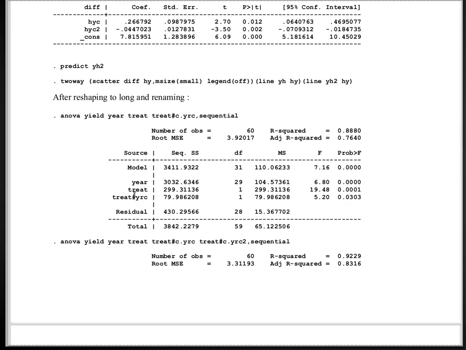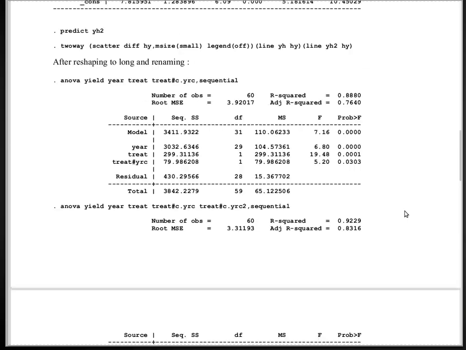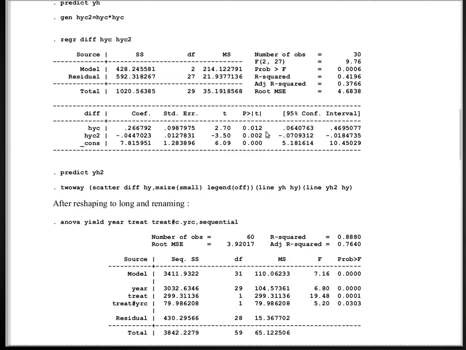Further, we could have done the same thing with the analysis of variance exploring the parabola, which involves the actual yield, the year, the indicator for the fertilizer treatment, the linear and the quadratic, and again we get exactly the same. This p-value here of 0.0016 is the same as we got. It's been rounded a bit here, but it's exactly the same as 0.002 here.